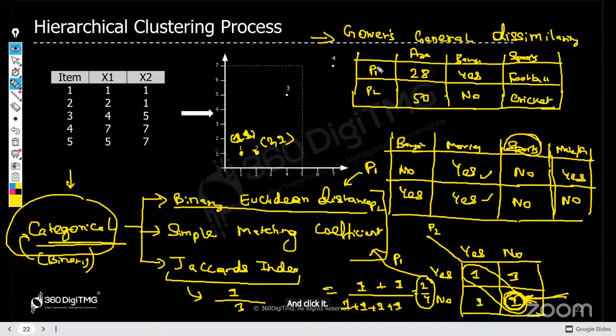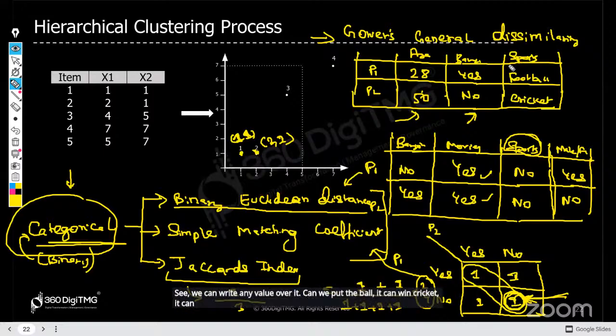So if you see, this data consists of numerical and categorical values, and that too not binary. We can write any value over here. It can be football, cricket, or badminton. How will you find the distance?